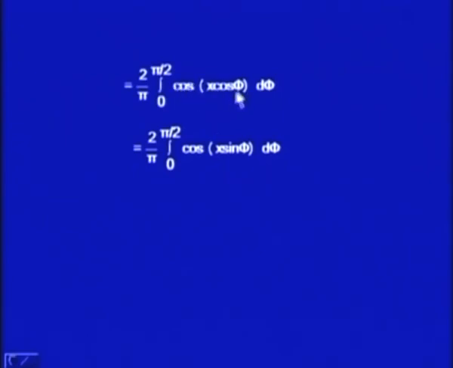So, when you replace phi by pi by 2 minus phi here, you get cos(x sin phi).